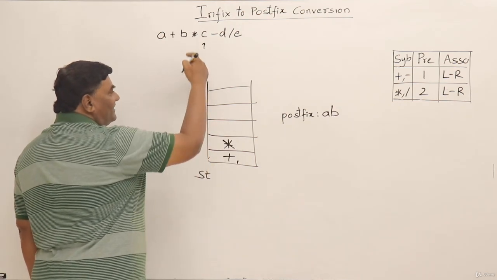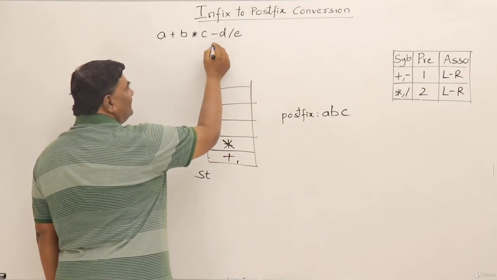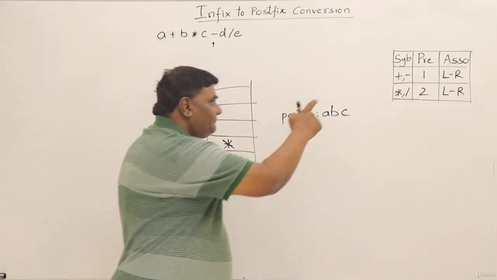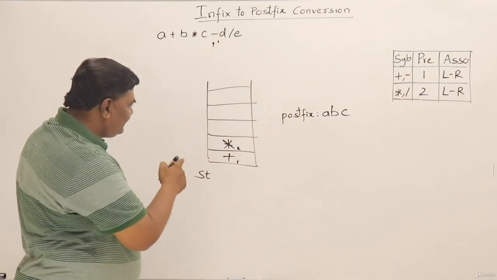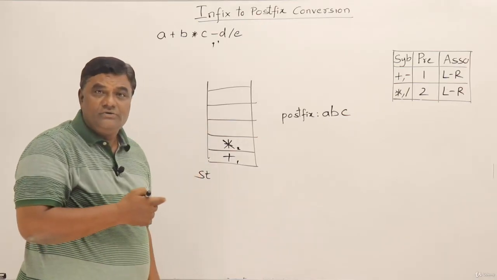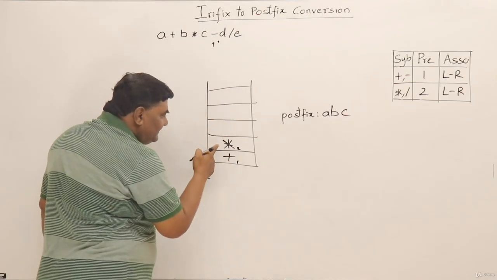C. Operand. Send it to postfix. Next symbol. Operator. Minus. What is its precedence? Precedence is 1. Is there anything in the stack? Yes. On the top, asterisk is there. What is its precedence? 2. So the precedence of this minus is smaller than this one.